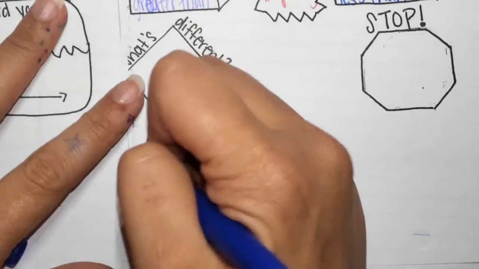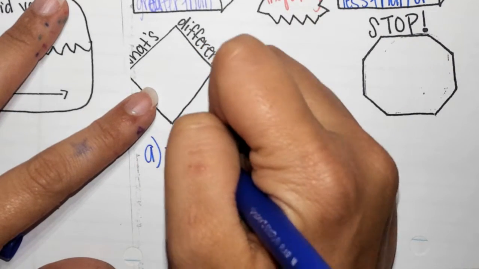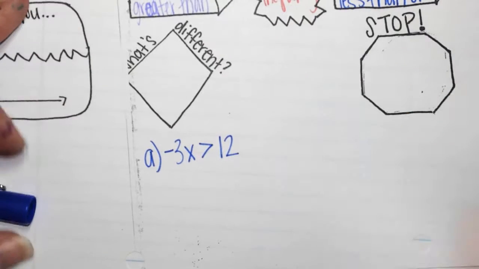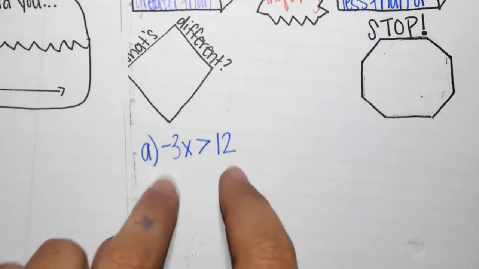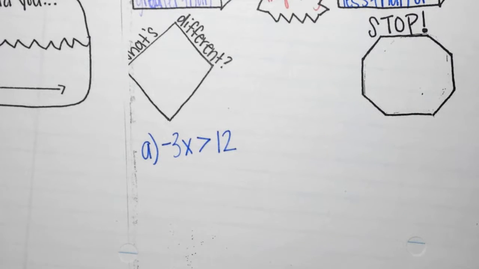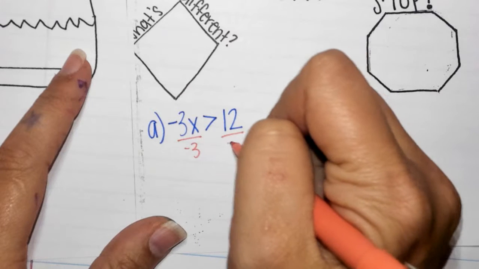I'm going to start by giving you a problem that says negative 3x is greater than 12. This is a one-step inequality. How do we solve this? Divide by negative 3.